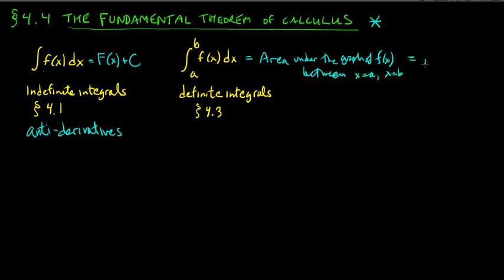And of course, the area will just be a number. Could be 0, could be 108. It could even be negative, in which case it's not going to be the area. So we're assuming that f of x is positive here, or non-negative at least. But if f of x is negative, then of course you just get a negative number.